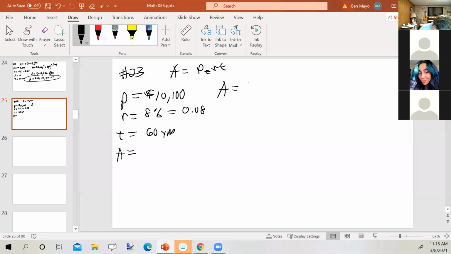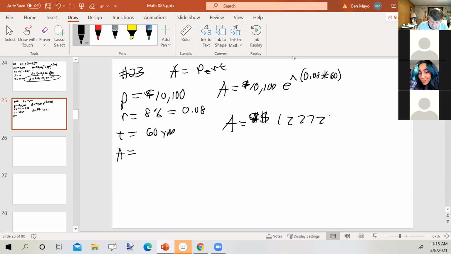So A equals $10,100 times e raised to the 0.08 times 60. I'm going to punch all that straight into the calculator. 10,100 times e to the parentheses 0.08 times 60, close the parentheses, and I get 1227255.217.